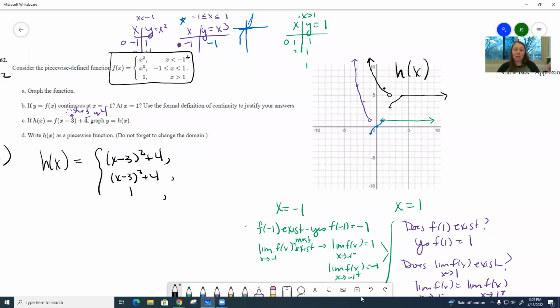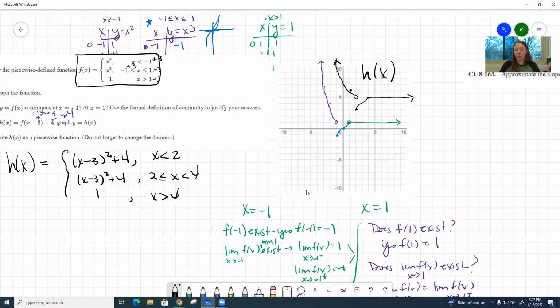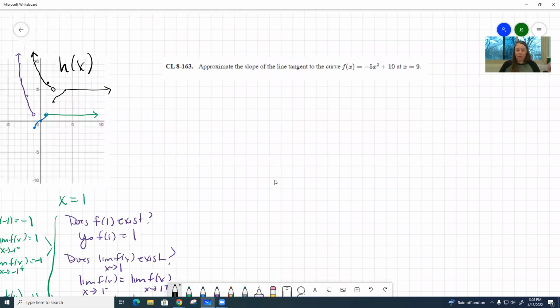So I just had to add 3 to all of my x values here because everything got shifted. So this would be x is less than 2, right? -1 plus 3 is 2. This would be 2 less than or equal to x less than or equal to 1 plus 3, which is 4. And then this would just be bigger than 4. 1 plus 3 is 4. Okay, so it's bringing in some transformation stuff from earlier this year.